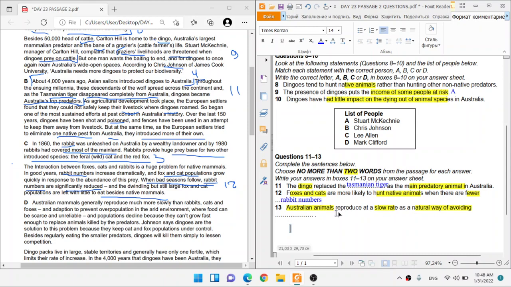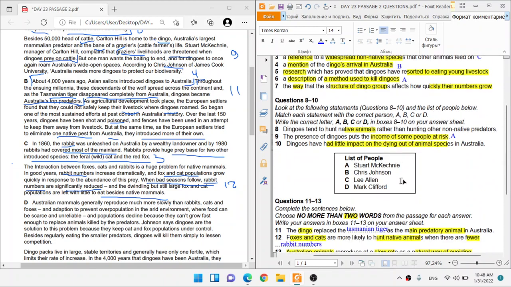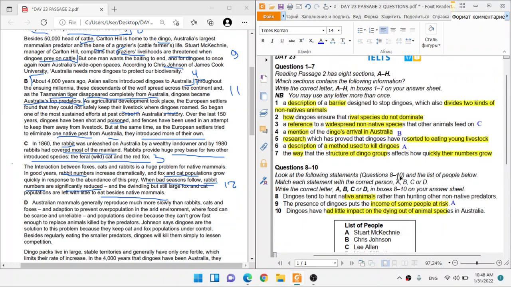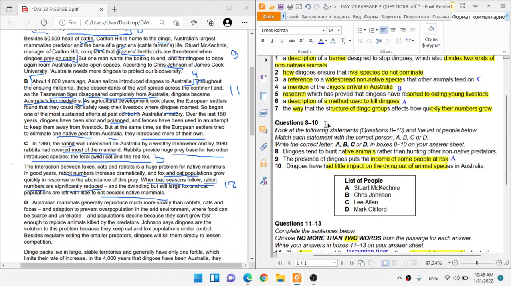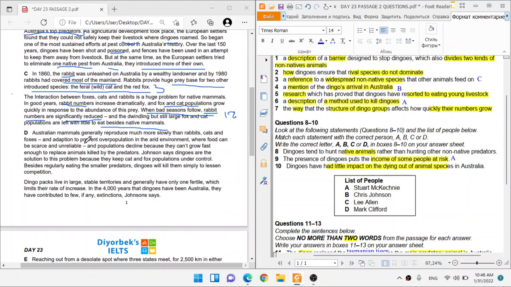Australian animals reproduce at a slow rate as a natural way of avoiding what? We need to find that. They do not talk about structure. Australian mammals generally breed more slowly than rabbits, cats, and foxes, and that's an adaptation to prevent overpopulation in the arid environment where food can be scarce and unreliable.